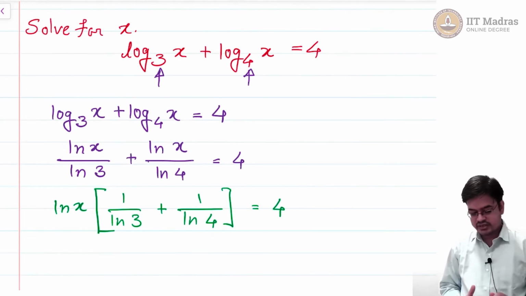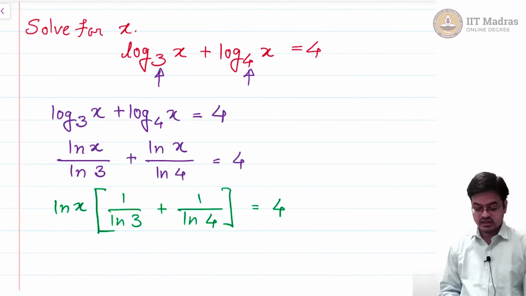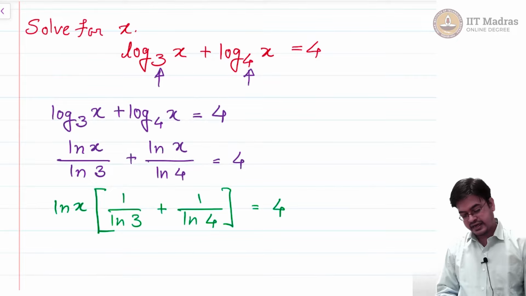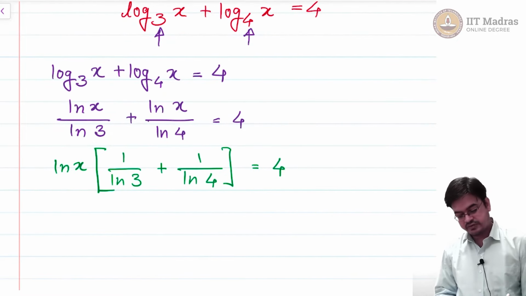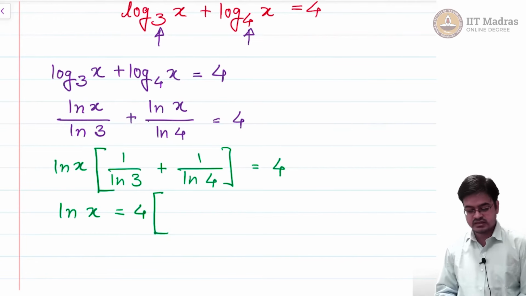Now you can notice that this particular thing within the square brackets is a number which is non-zero. Therefore I can actually take this number on the other side. So let me simplify this. Ln of x is equal to 4 times, now when I take this on the other side, it will be a reciprocal of that.